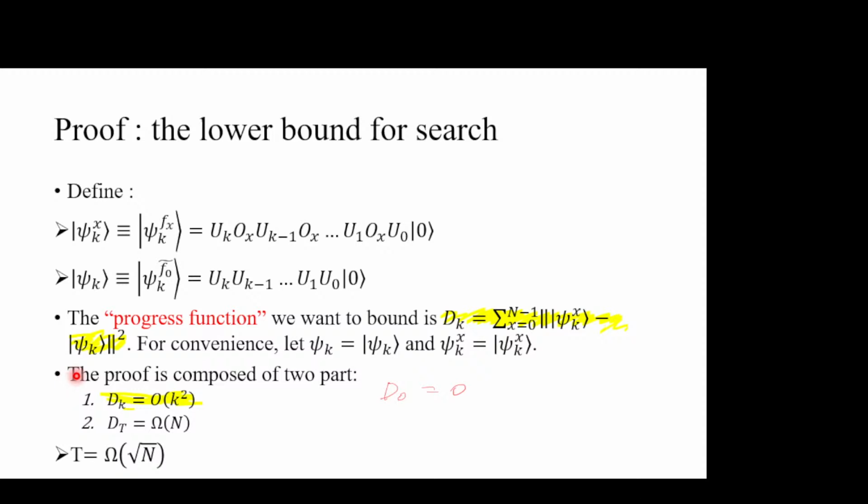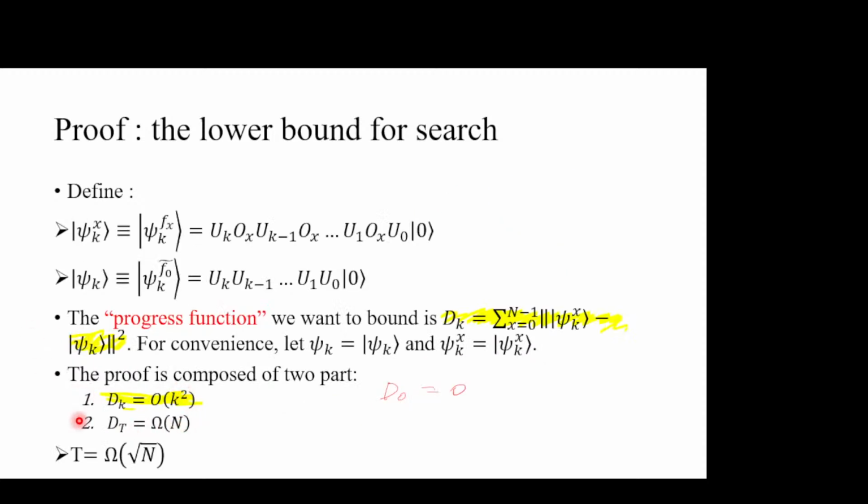And so we check this progress function. That's the state of your algorithm after k oracle calls, between whether the oracle has marked item x or the oracle has no marked item.